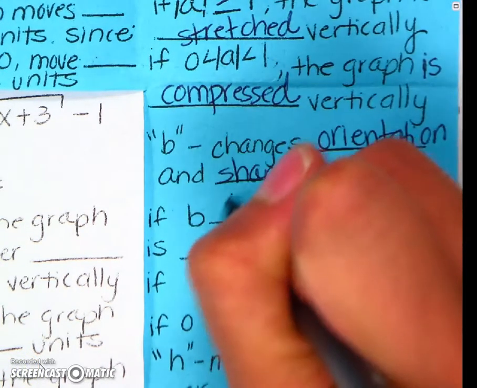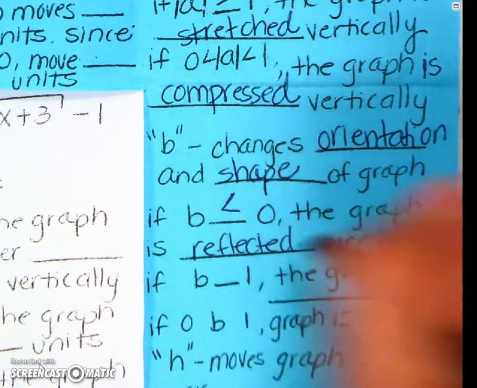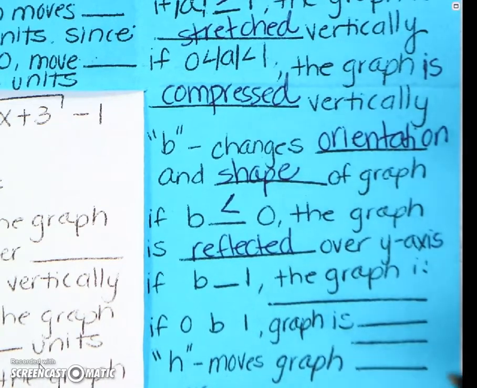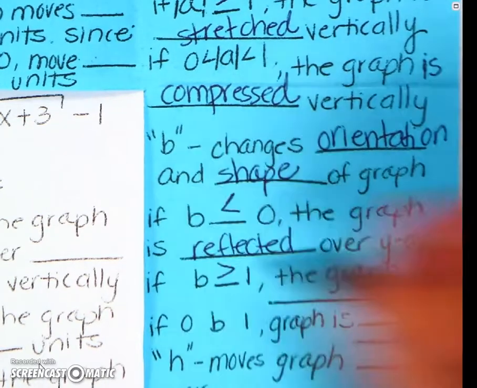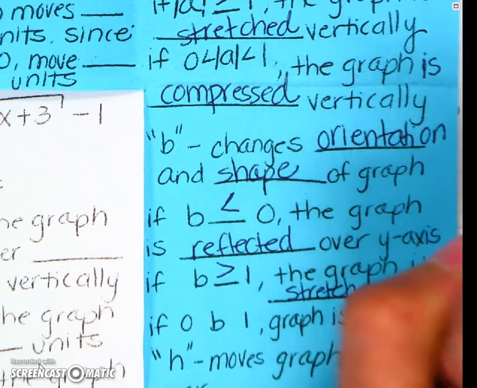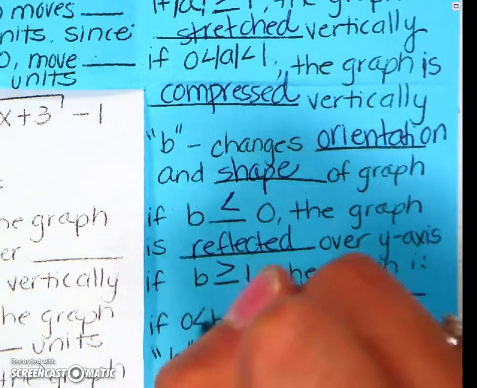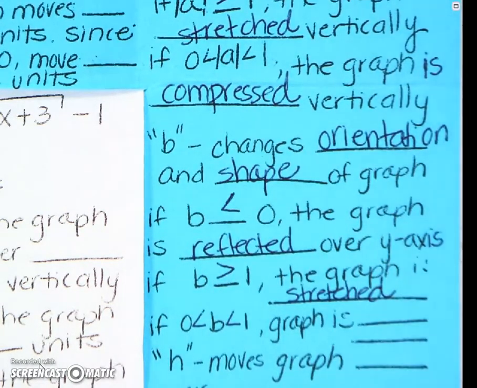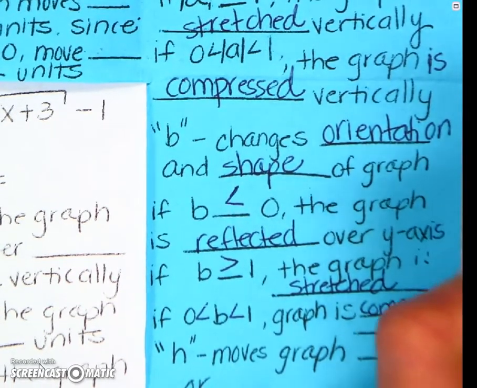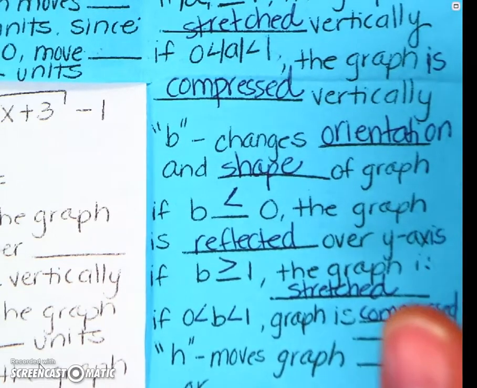Okay, if b is less than 0, the graph is reflected over the x-axis. I'm sorry, over the y-axis. If b is greater than 1, then the graph is stretched. If b is between 0 and 1, in other words, if it's a fraction, the graph is compressed. Make sure you watch the video, okay?